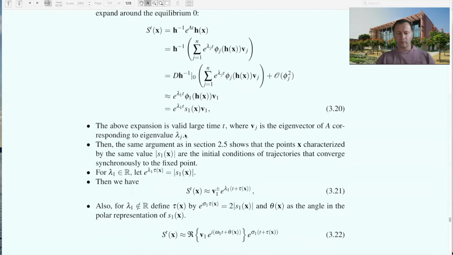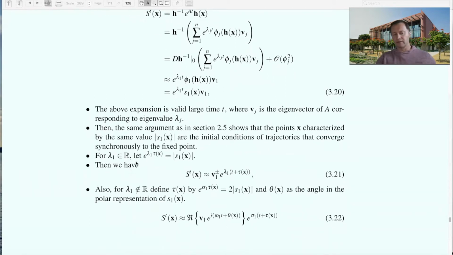And now we'll repeat similar calculations as in the linear case. In the case of a real eigenvalue, we replace the absolute value of S_1 with e^{lambda_1 tau of x}. And then we have that S_t of x is equal to v_1 plus or minus e^{lambda_1 (t plus tau)}.